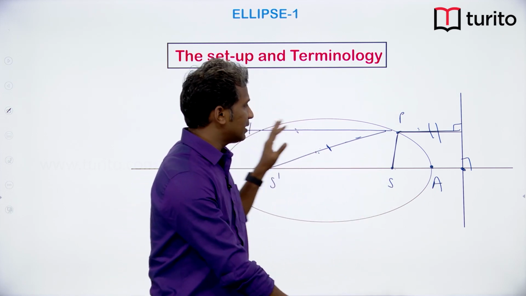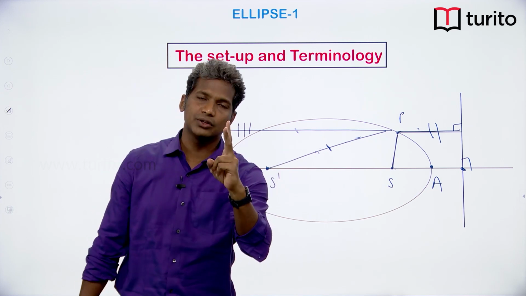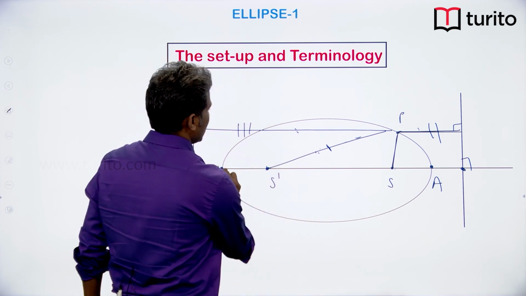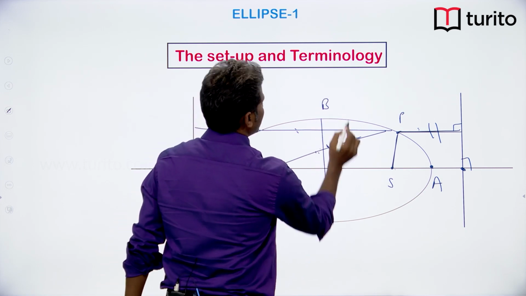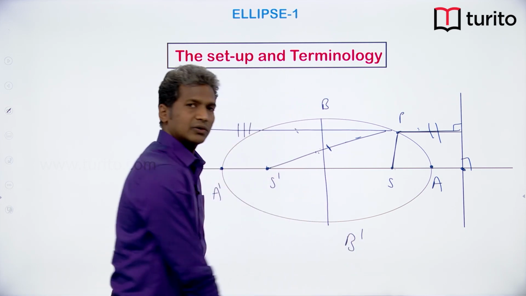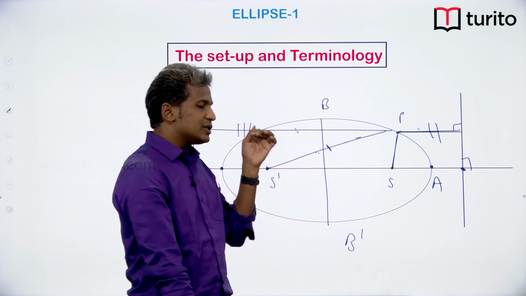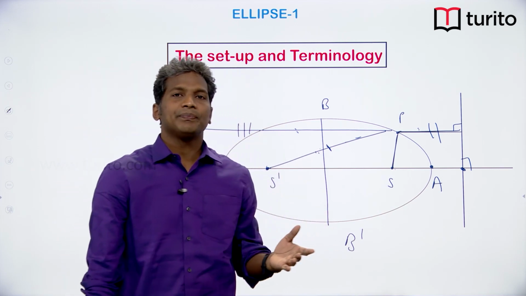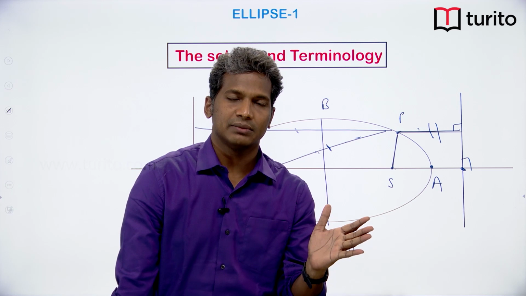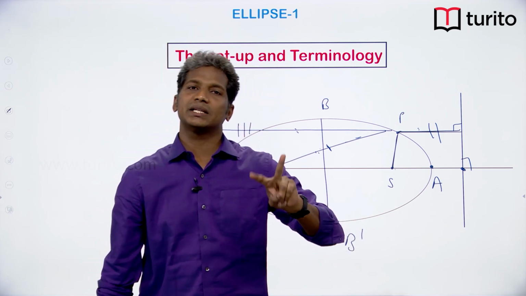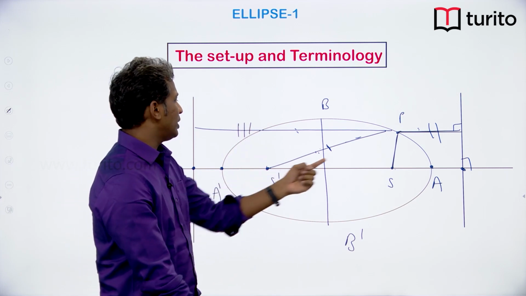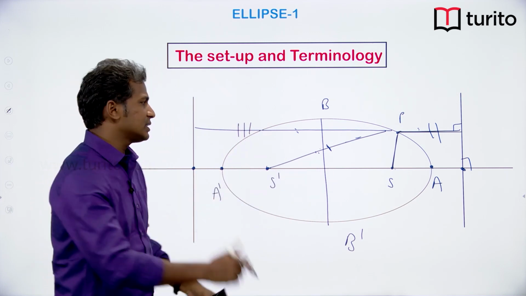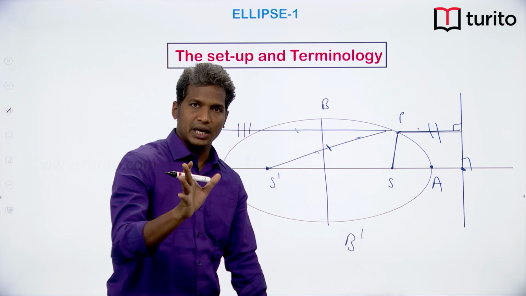For example, here for ellipse there are two lines of symmetry. One is this AA dash, the other line of symmetry is this, which we can name it as BB dash. Okay. So, these lines of symmetry are called as major axis and minor axis. Basically, ellipse has two axes of symmetry, one is major, one is minor. So, AA dash is called as the major axis, BB dash is called as the minor axis.